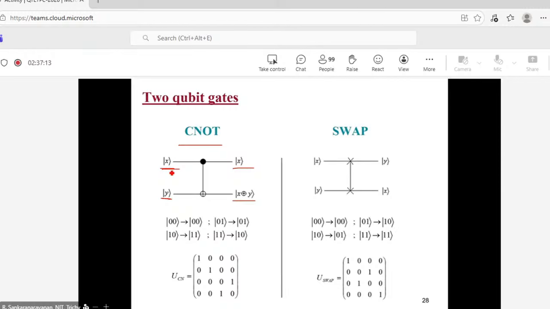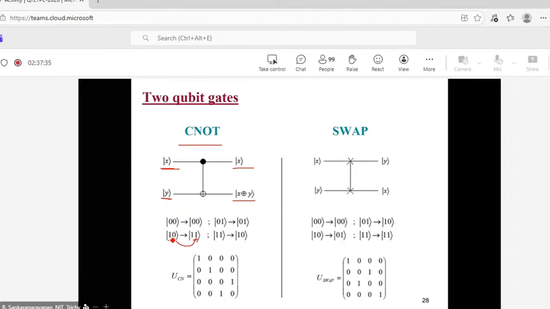Why is 1, 0 becoming 1, 1? If this is 1 and this is 0, the output is 1 remains 1 here, and here it is 0 plus 1, it becomes 1. So essentially, the 0 is being flipped because the first one is 1.